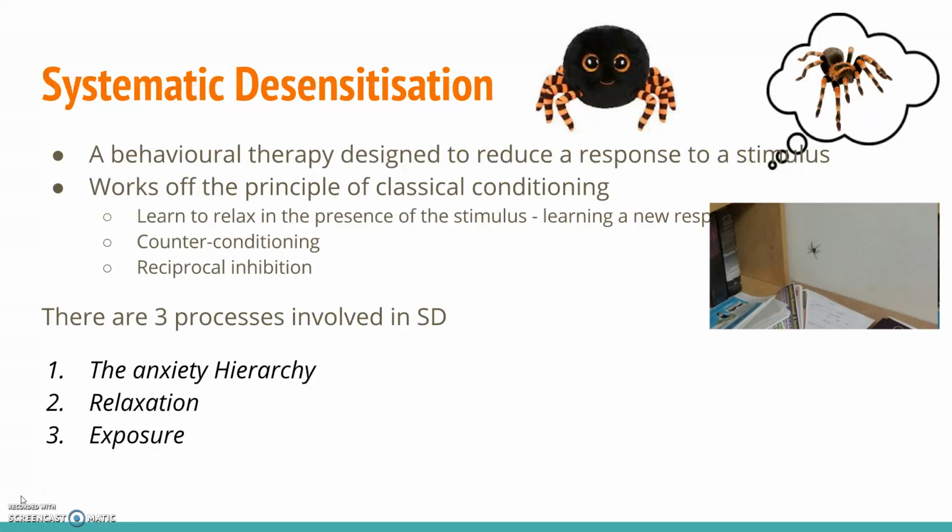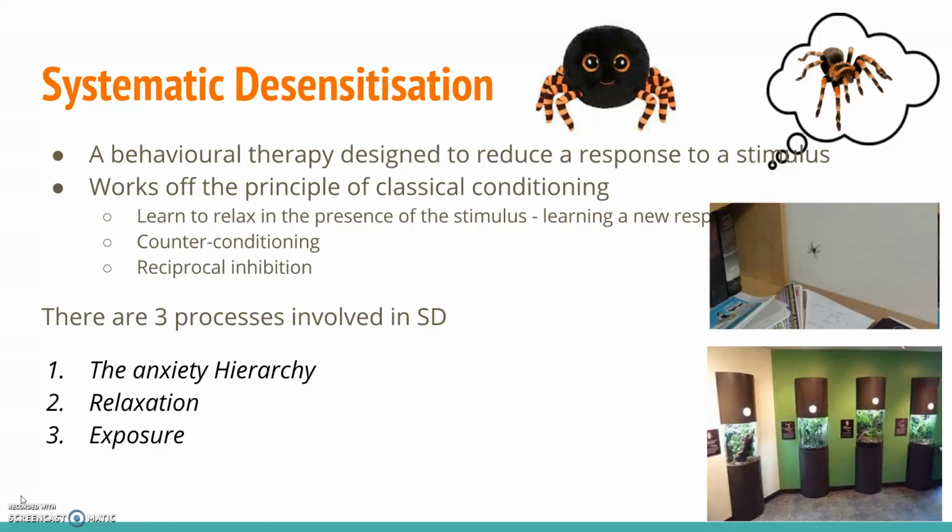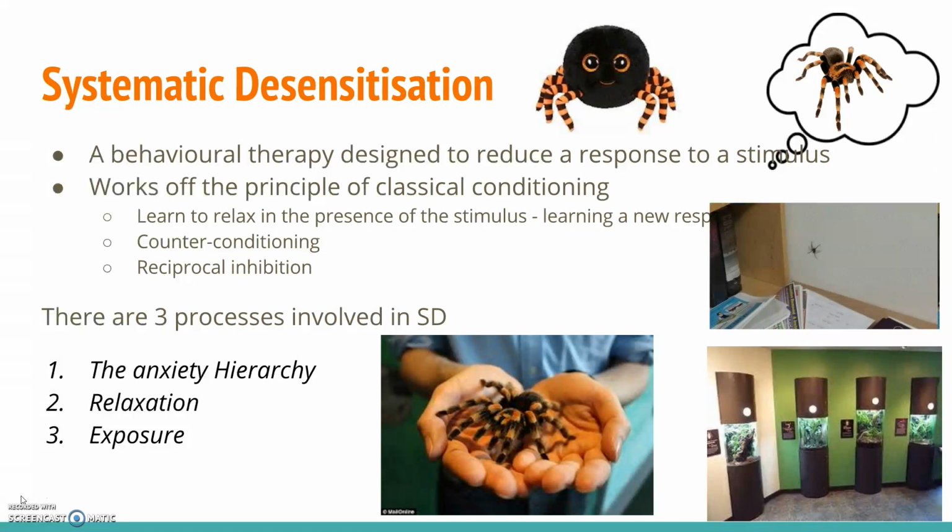They might then move on to being in the same room as a spider, followed by going to visit the insect house at the zoo, particularly the place where the spiders live. And then the most fearful thing would be to actually handle a spider. Okay, so that would be the hierarchy of fear that somebody with arachnophobia goes through.